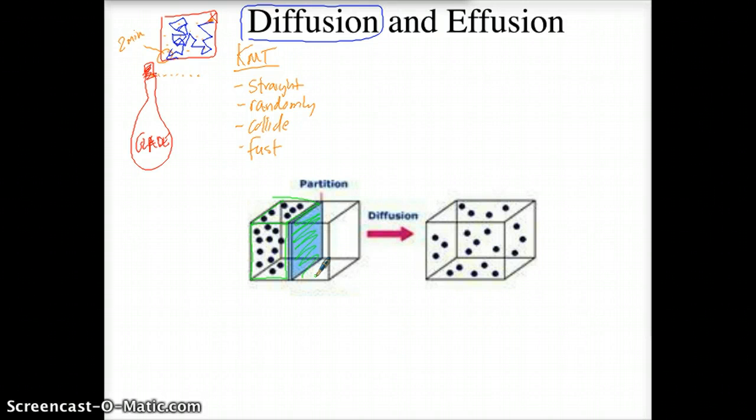Once we remove the wall, we get rid of the partition, those molecules now have more space to spread about. They're going to move, they're going to be fast, they're going to collide. Eventually, over time, they will diffuse throughout the whole room, and they'll occupy the entire space of the room. That is diffusion. That should sound pretty familiar to us.